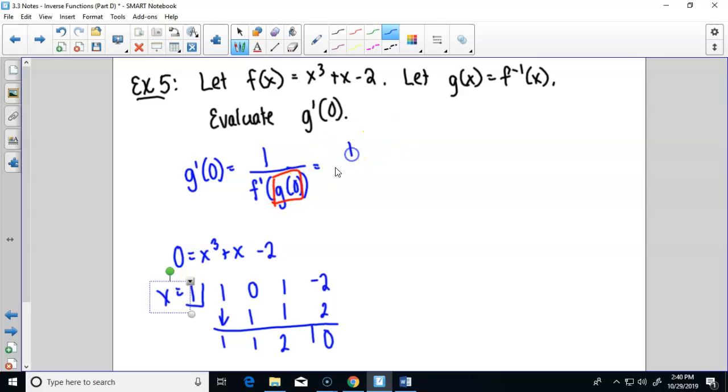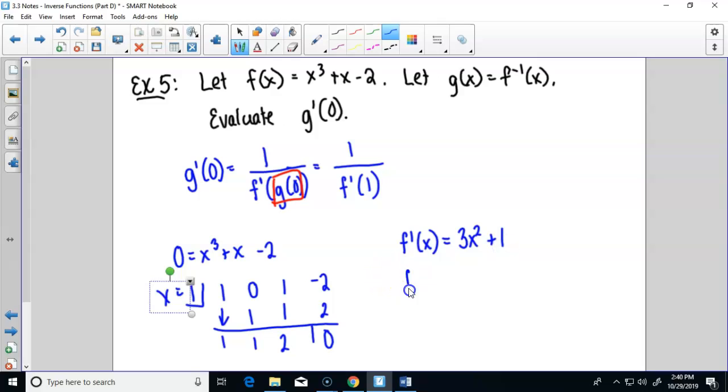So we'll have 1 over F prime of 1. And so we must find F prime of 1. Justice, what is F prime of X going to be? Perfect.